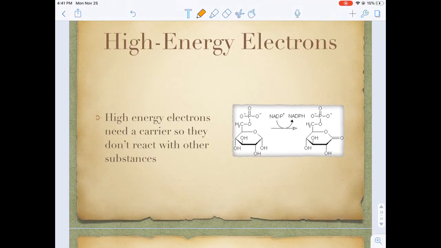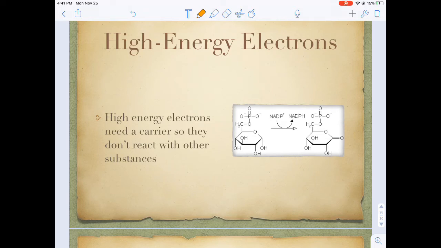The interesting thing, if you've ever heard of free radicals before, is that basically a free radical is an electron that's got a lot of energy to it. Those electrons can actually be dangerous to a living thing. We know that free radicals can cause cancer.